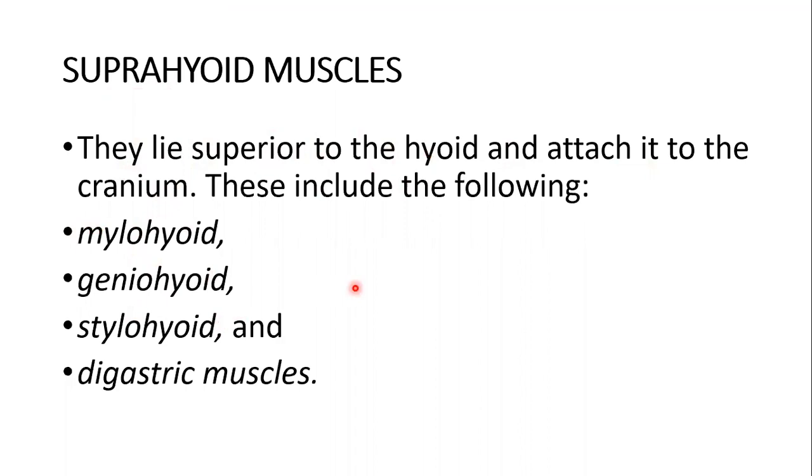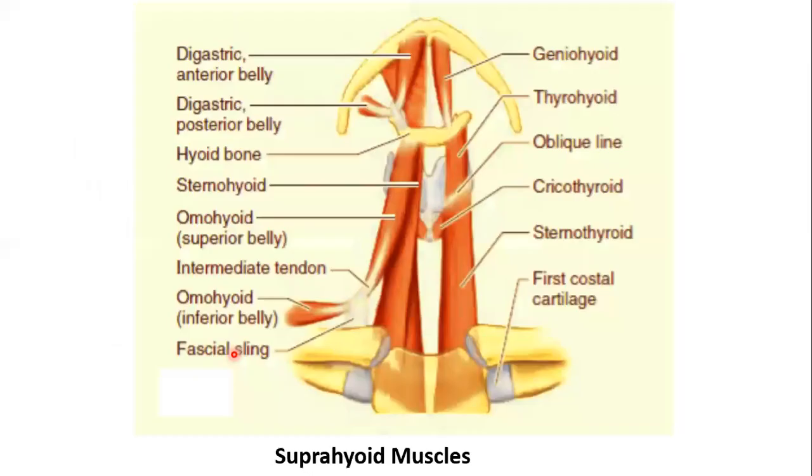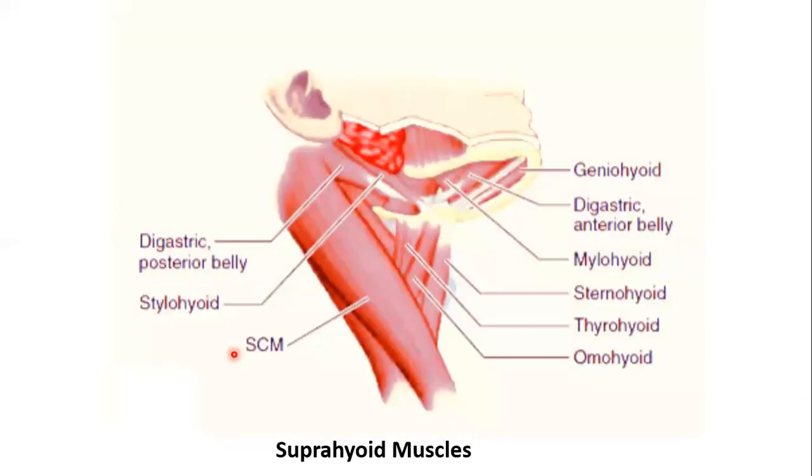The pictures show each one's insertion on the hyoid bone and its origin from the various bones of the cranium. Collectively, these four muscles form the floor of the mouth.